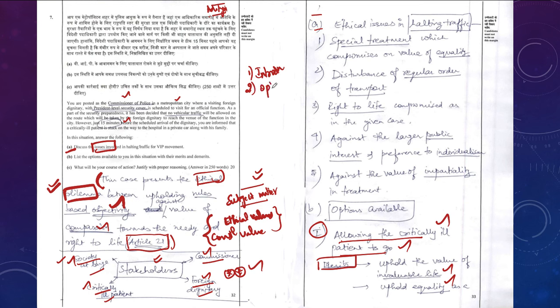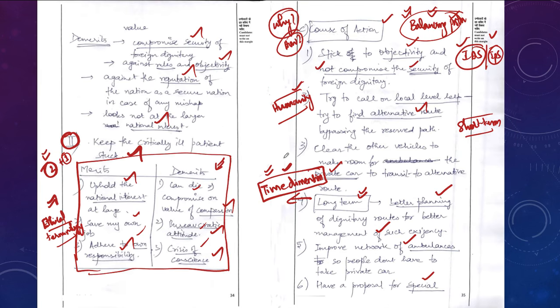Second thing, options. While generating options, please try to come out with a maximum of 4 or at least a minimum of 3 options. And while writing the options, you need to evaluate the options. While evaluating, highlight the core values. This is something you need to learn. So ethical values you need to highlight, constitutional values you need to highlight, and while taking a particular decision or course of action, what is very, very important, why you are taking a decision, in that please highlight ethical value, constitutional value, balancing approach, and you can also bring in various moral thinkers' approaches.